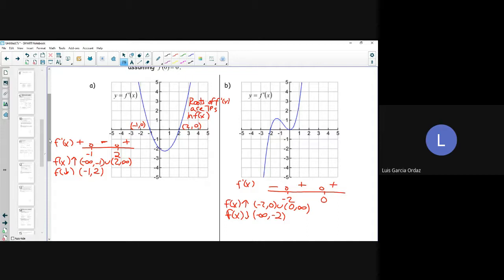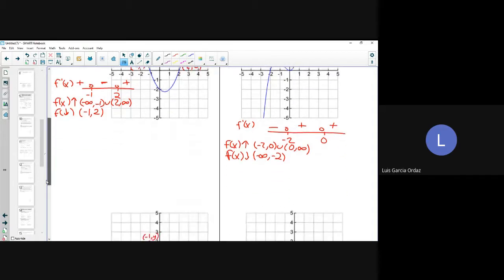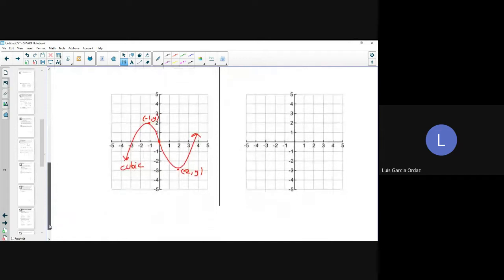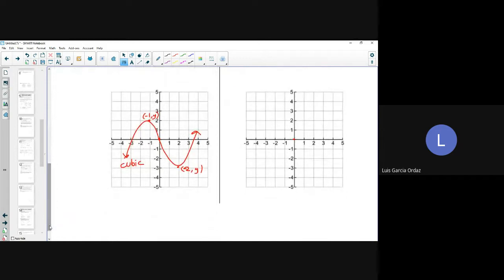So again, the zeros in my derivative function are going to be my turning points in my original function. So again, we have to assume that I pass through 0, 0. So again, I have a minimum at -2 and a specific y value.